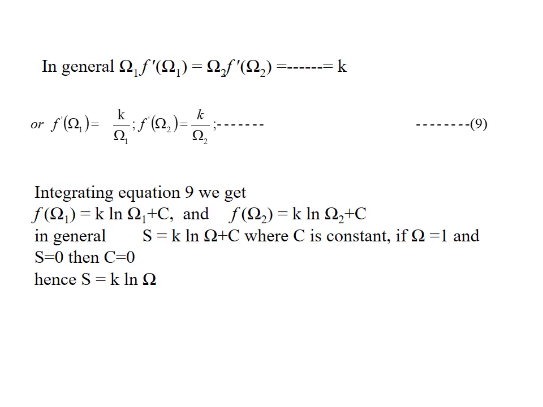On further simplification and integration, the final expression for the thermodynamic probability and entropy can be written as S is equal to k ln omega plus C, where the value of C is eliminated by taking omega equal to 1 and S equal to 0. So the final expression for the entropy is S is equal to k ln omega. So this is the relationship between entropy and thermodynamic probability.